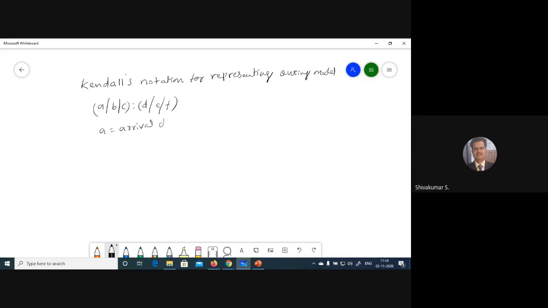A is the arrival distribution. This is basically representing the queue model. B is the service distribution. C is the number of channels, the number of service stations.